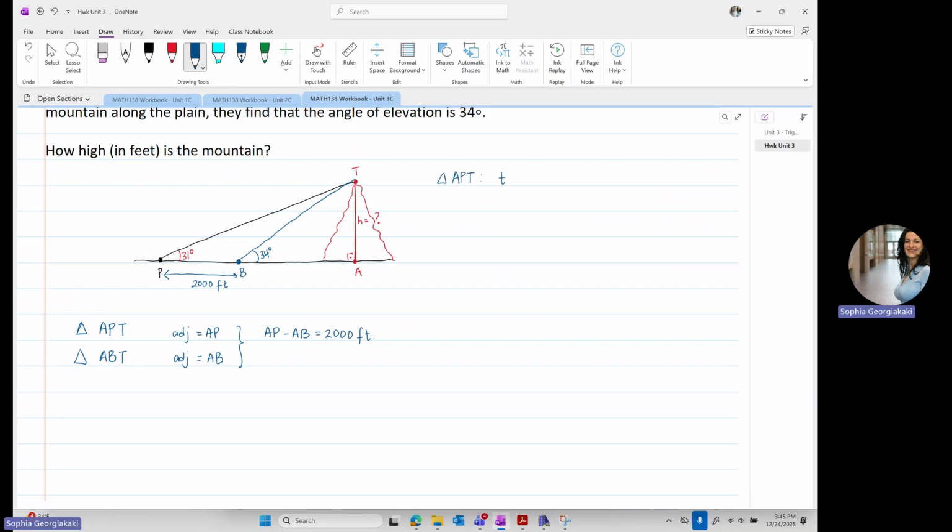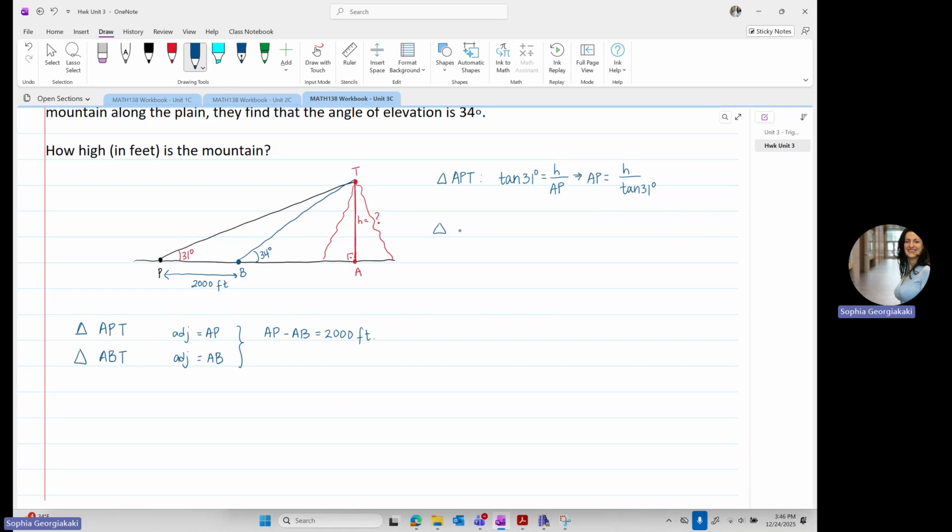the tangent of 31 degrees equals the opposite, which is the height, over the adjacent, and the adjacent is AP. And let's say AP equals, and I will multiply by AP and divide by the tangent of 31, and it will equal H divided by the tangent of 31 degrees.